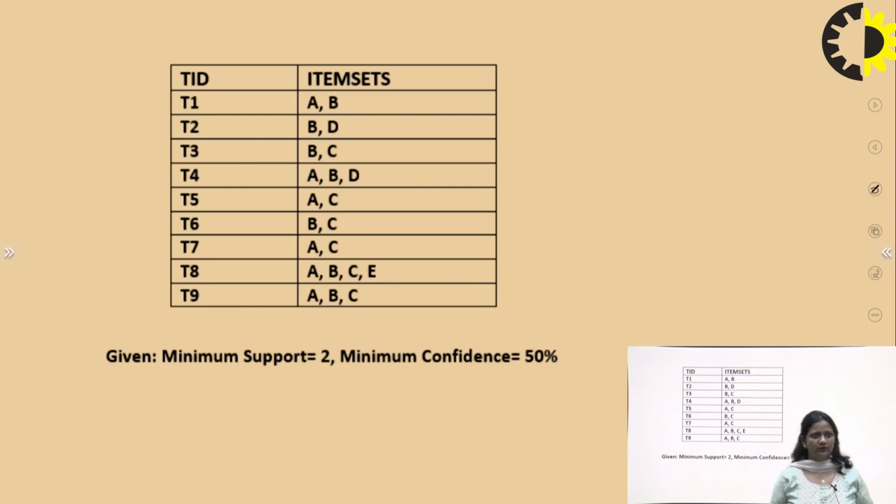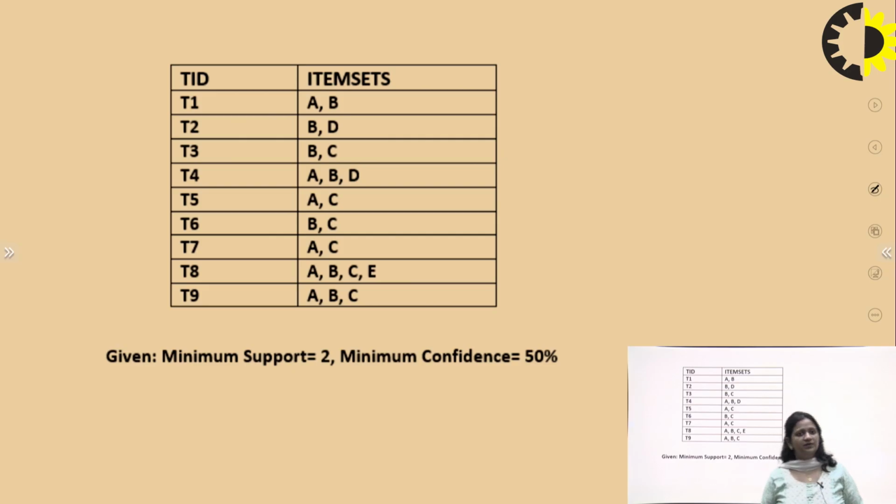In our example, they are alphabets, and A and B each represent an individual product. In transaction T1, two products are purchased, A and B. In T2, B and D are purchased. In T3, B and C are purchased. T4: A, B, D. Given that the minimum support value is 2 and minimum confidence is 50%.